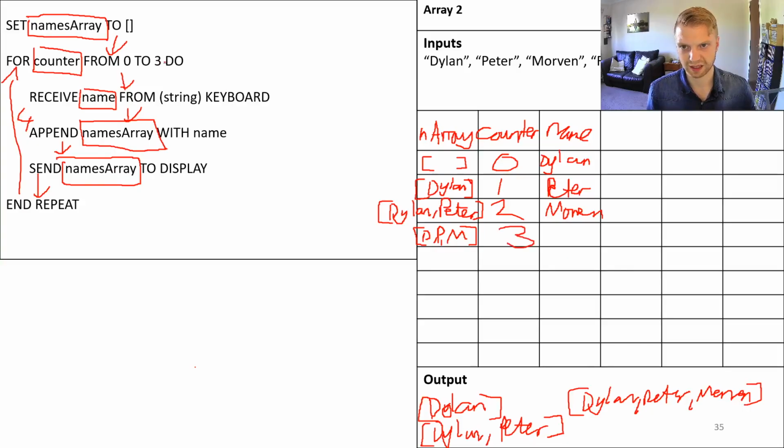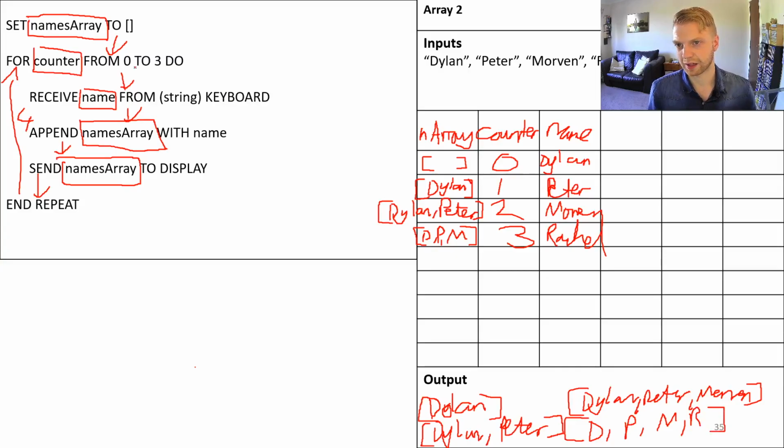This is the last time, so we've got our name, which is Rachel, and I don't have enough room, but you get the idea. So it's going to be Dylan, Peter, Morven, Rachel, and that is it really.